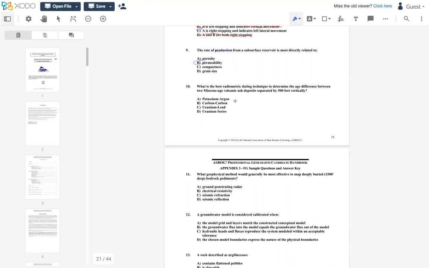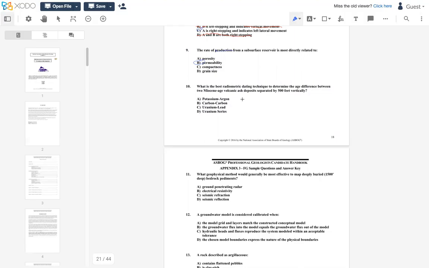Well, I know potassium argon is used for things like age of mineralization, evaporite formation, determining cooling histories of metamorphic and igneous rocks. So that seems promising. I also know that it has a pretty long age range, from a few thousand to about 4.5 billion years. So that seems pretty reasonable, but I'll come back to it.